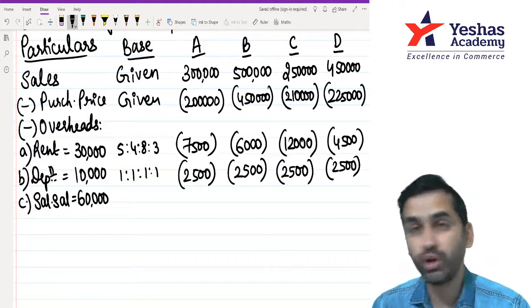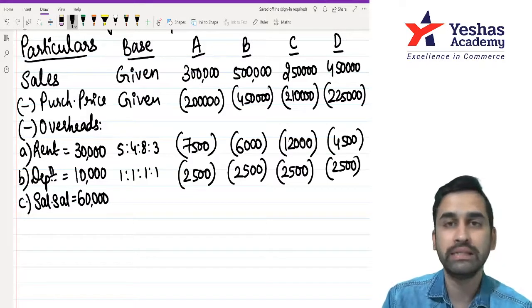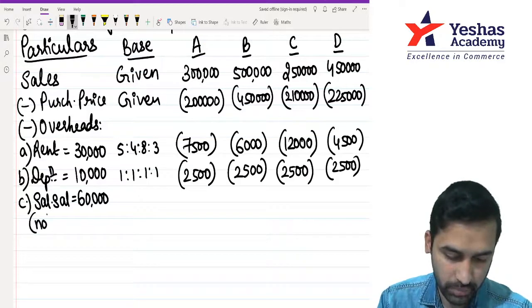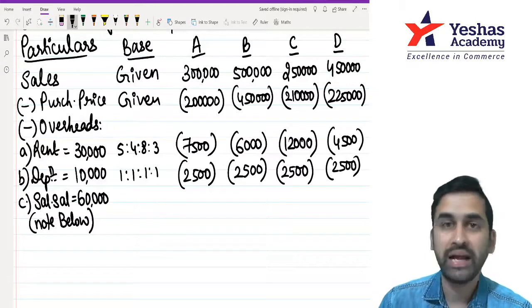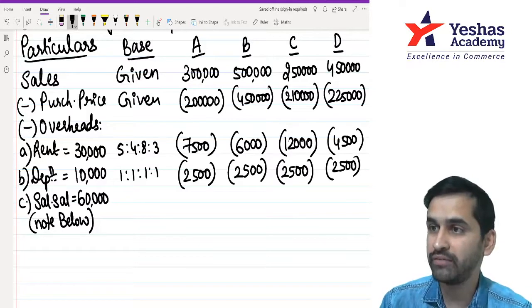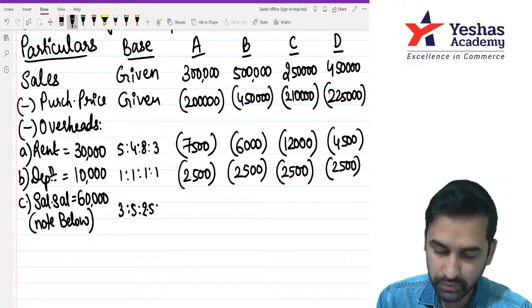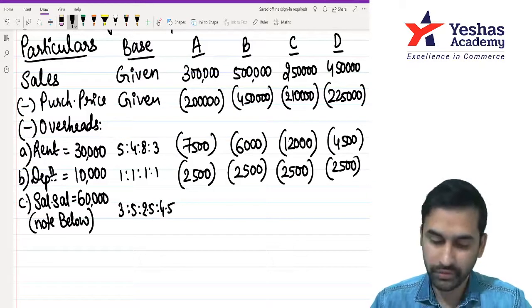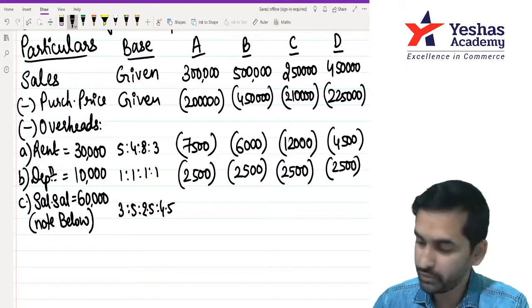They are saying sales volume ratio, but I told you we don't have the sales volume ratio, therefore I am going by sales in rupee ratio. I will give a note later. So here you write the note below. And the sales value ratio will be what? 3 lakh, 5 lakh, 2.5 lakh, 4.5 lakh. So I can keep it as 3:5:2.5:4.5. So 3, 5, 2.5 and 4.5.